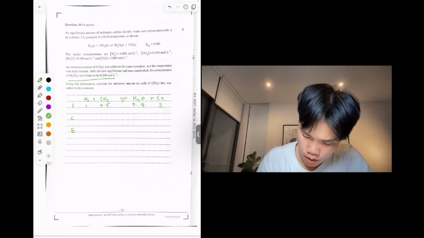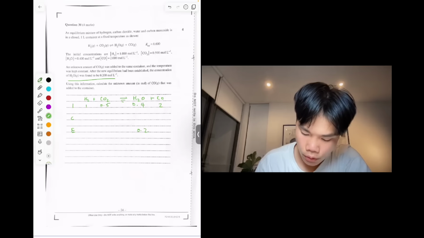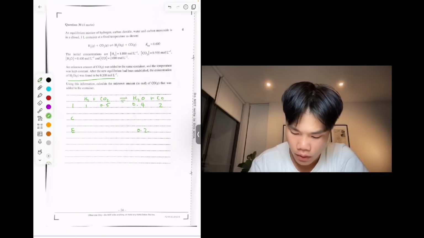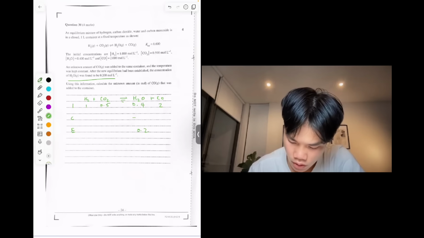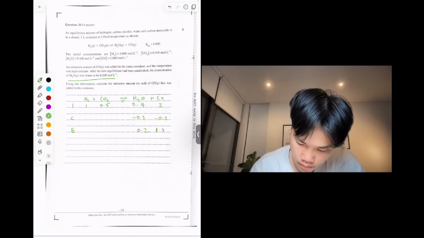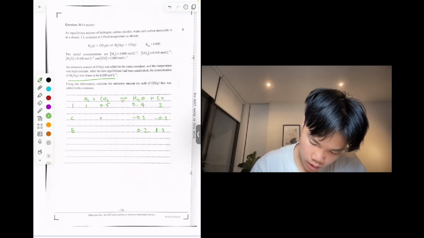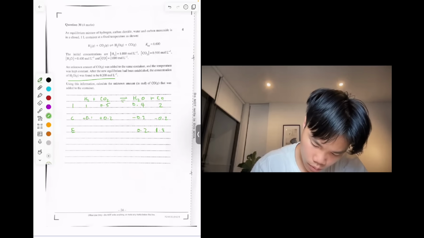H2O was found to be 0.2 after equilibrium established. There's no coefficients in your equation, so you don't need to account for any ratios. The change is therefore minus 0.2, minus 0.2, which gives you 1.8. And this is plus 0.2, plus 0.2, 1.2, 0.7.